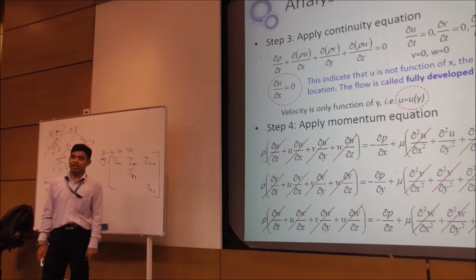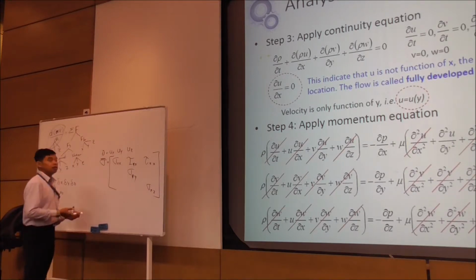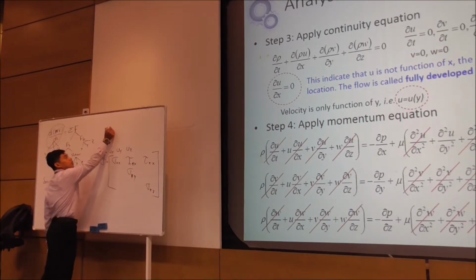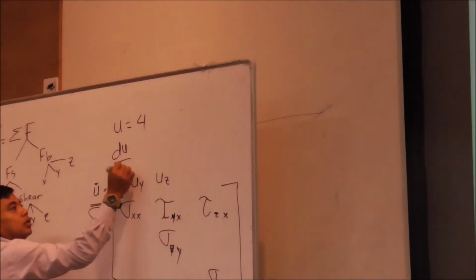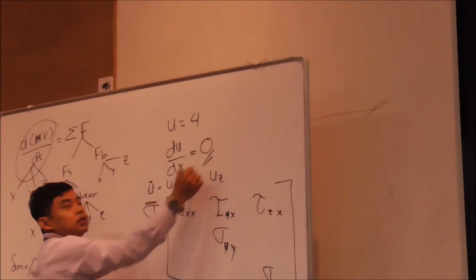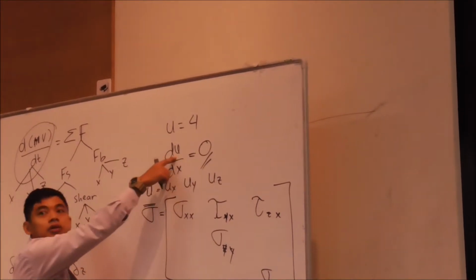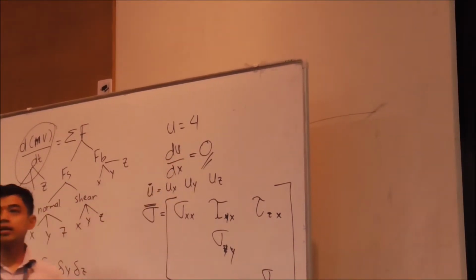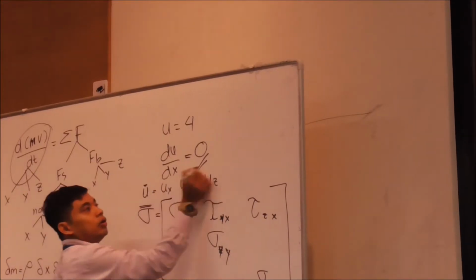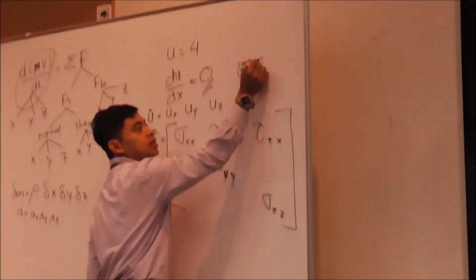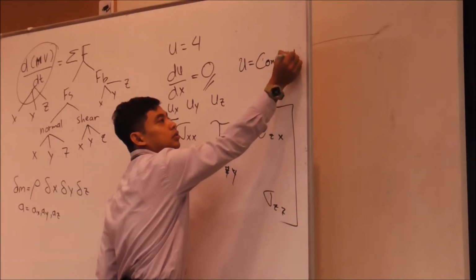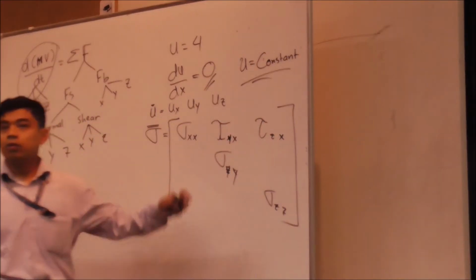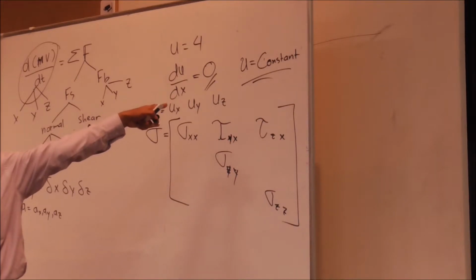When du/dx is equal to 0, you know that u will be 0? Not necessarily. Is u 0? Not necessarily. So if you do that, u is constant. What happens when u is constant in the x direction?